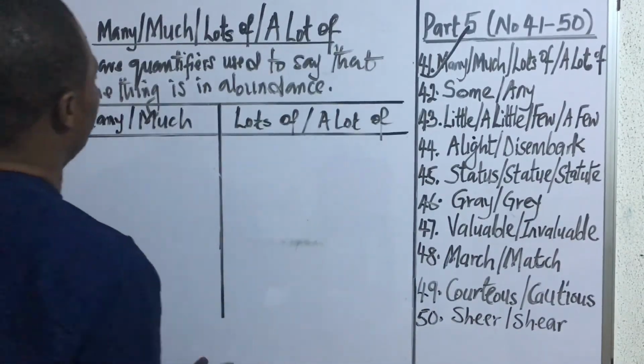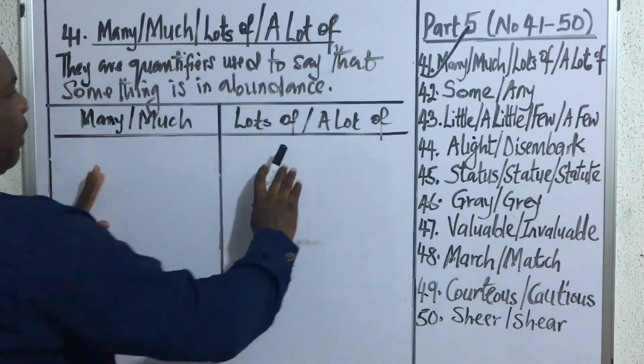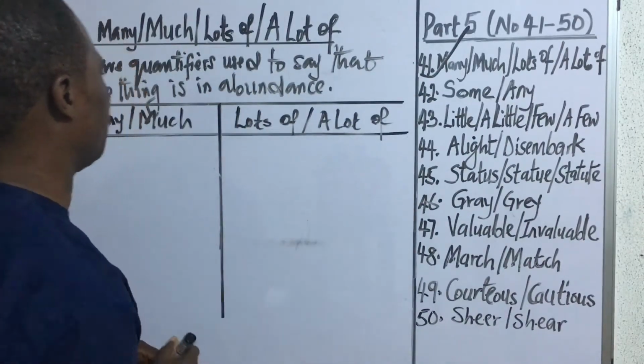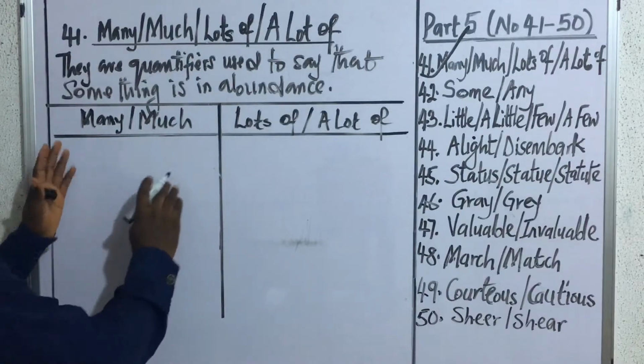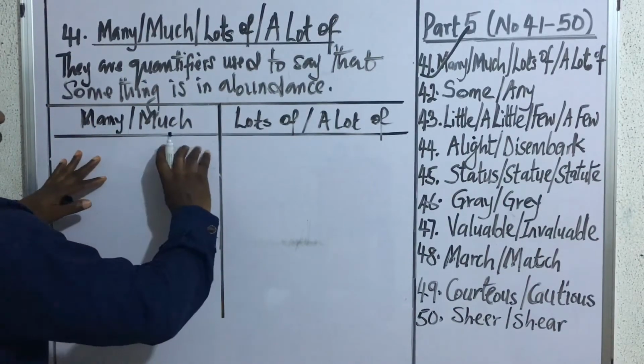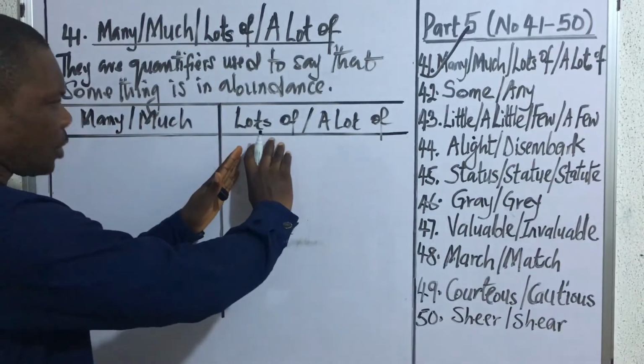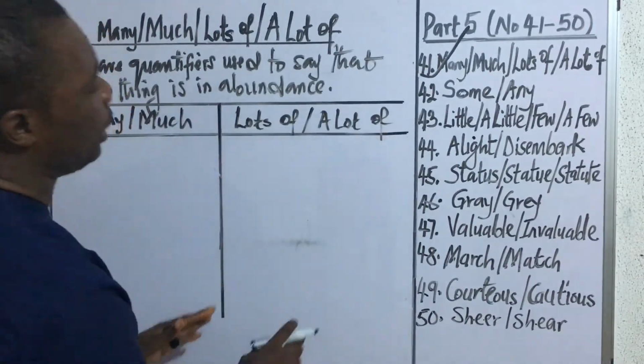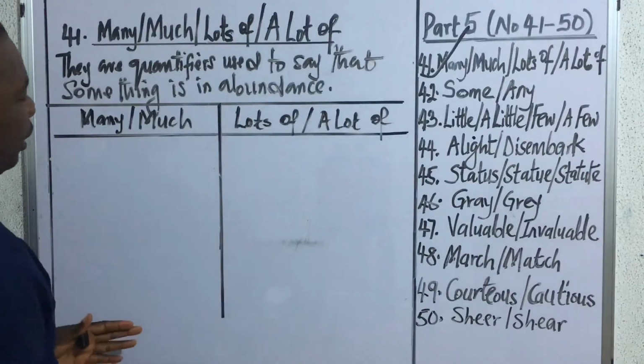Now, here we go. The first thing we want to establish with these quantifiers is to understand that many and much can appear in formal expression, whereas lots of and a lot of are used in informal expression.